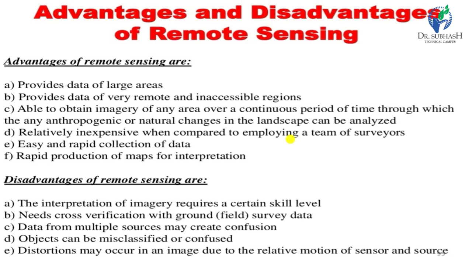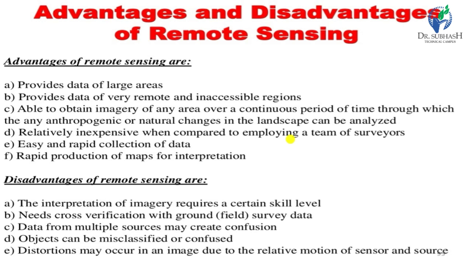It is able to obtain imagery of any area over a continuous period of time, through which any anthropogenic or natural changes in the landscape can be analyzed. It is relatively inexpensive compared to employing a team of surveyors. It allows easy, rapid collection of data and rapid production of maps or interpretations.